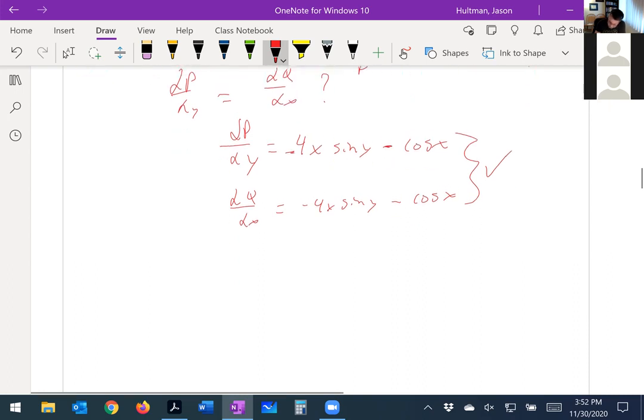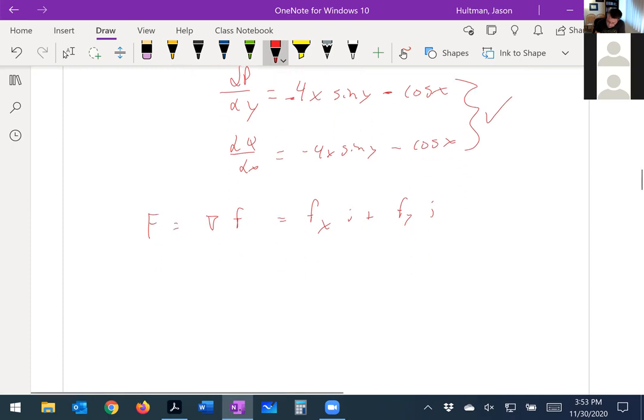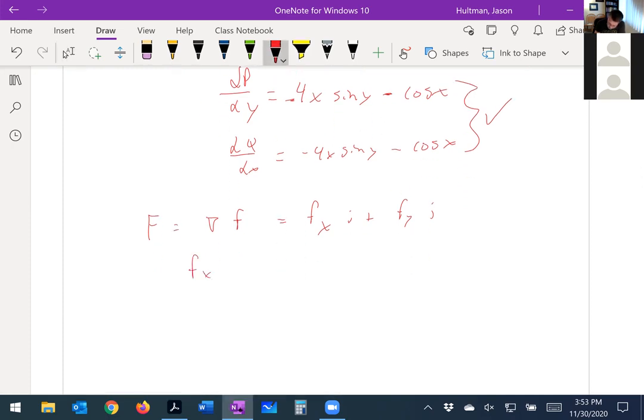So we want F equal to the gradient of some f, which is going to be f sub x i plus f sub y j, right? So we need to find what f sub x is.